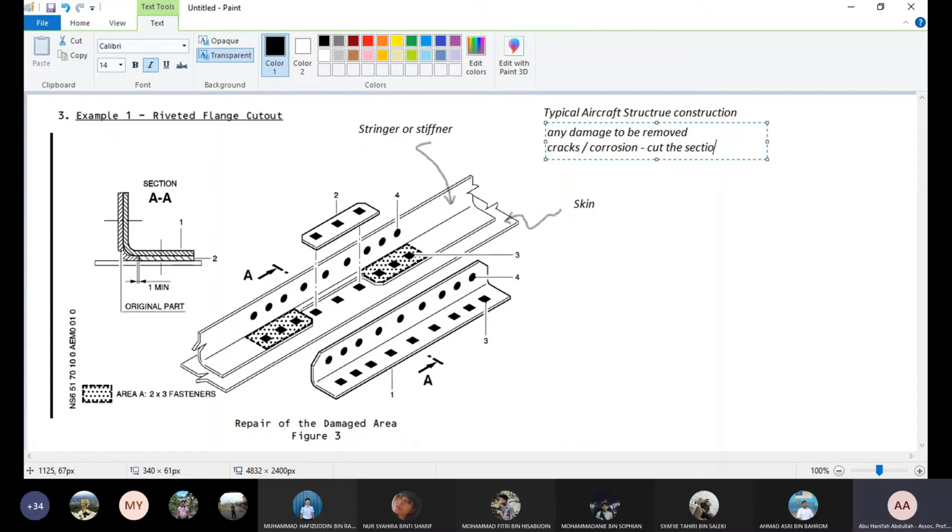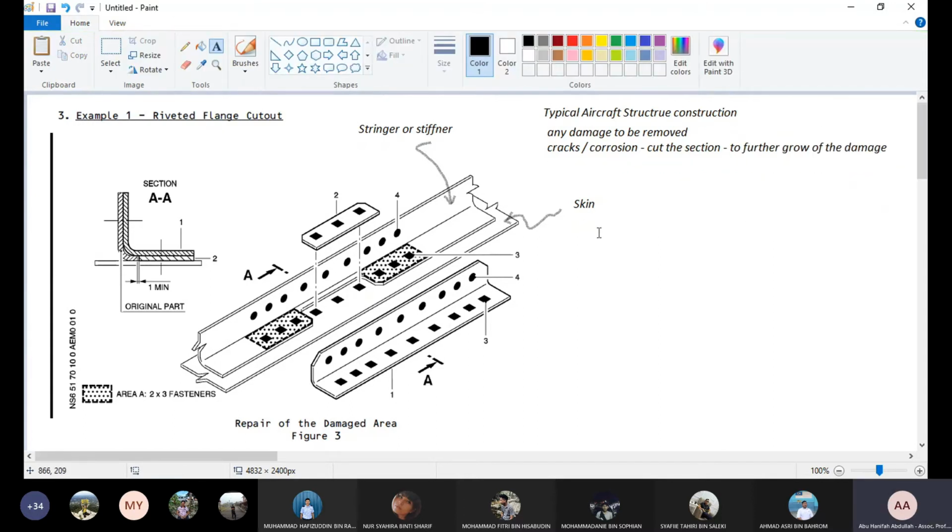Cut the damage section to prevent further growth. We don't want the damage to grow. We want to totally remove the damage. We cut them off.